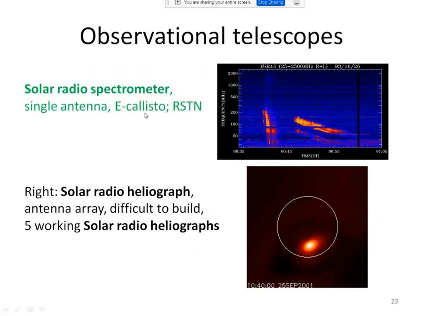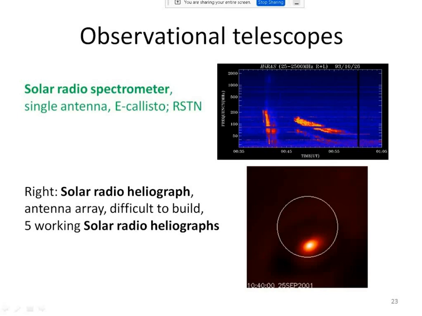A solar radio spectrometer is a single antenna. For example, there are some systems, as I told you, and they can only get a radio spectrum like this, which is the emission from the whole sun. A solar radio heliograph is an antenna array.